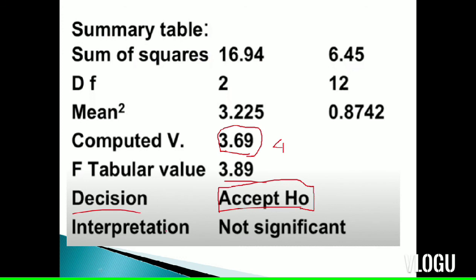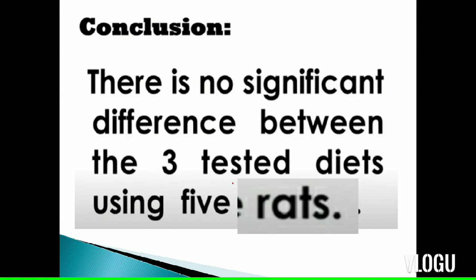So, ang atong interpretation, there is significant. Kay, naman siya sa gawa sa HO or null hypothesis. Conclusion, there is no significant difference between the 3 tested diets using 5 rats.